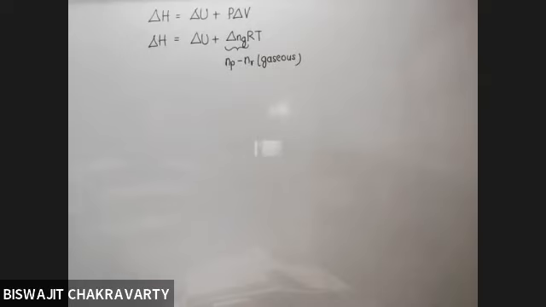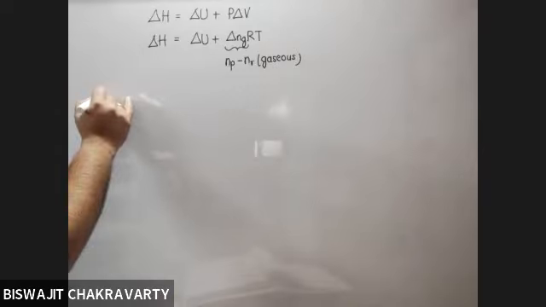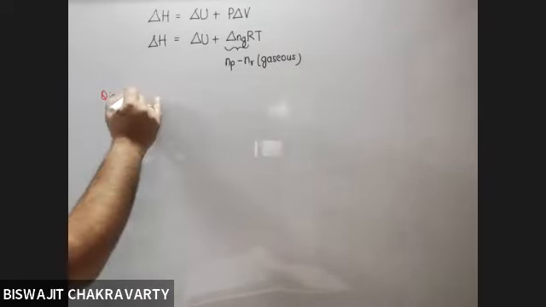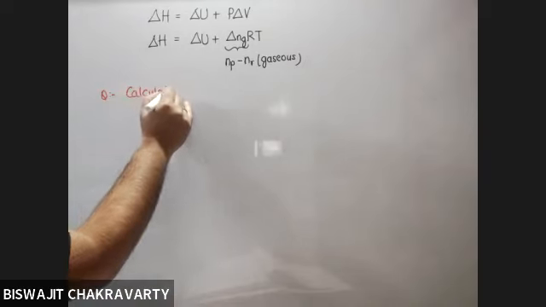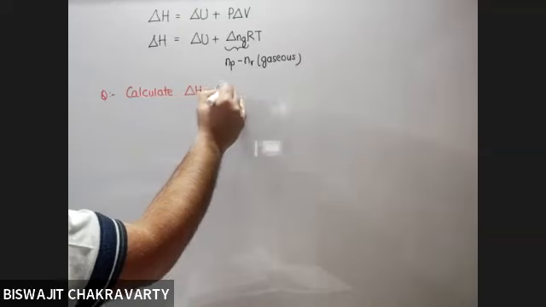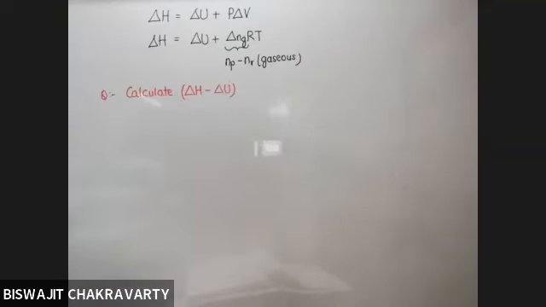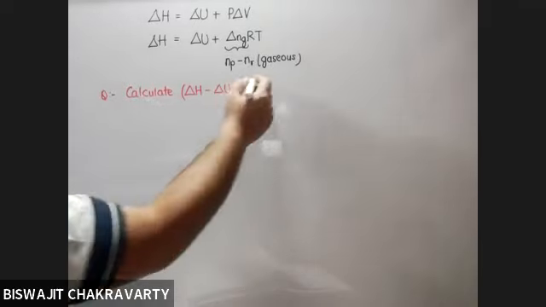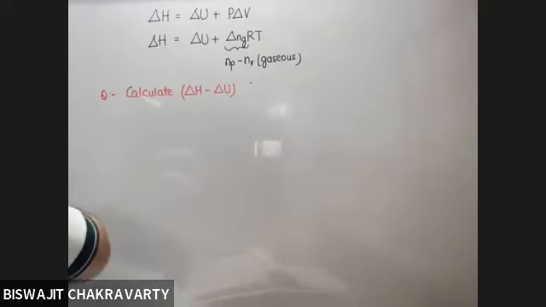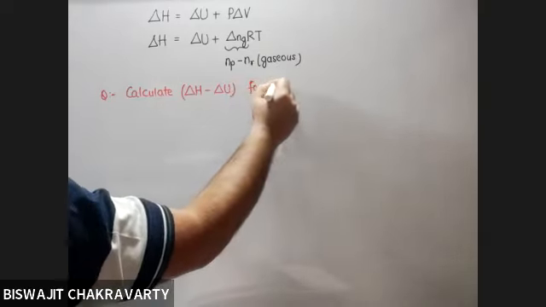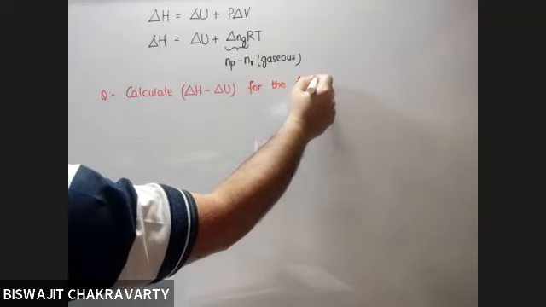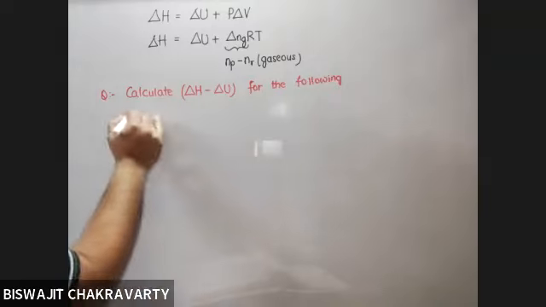Now to further continue, let us try out a question so that we can understand. Calculate delta H minus delta U for the following reactions.